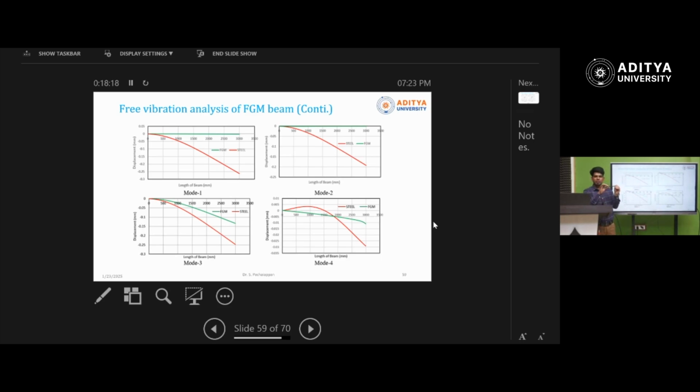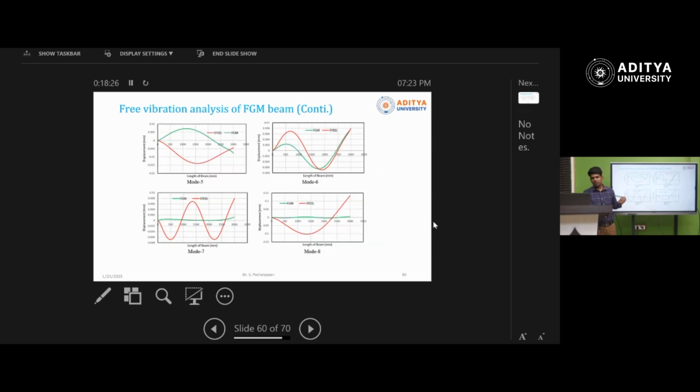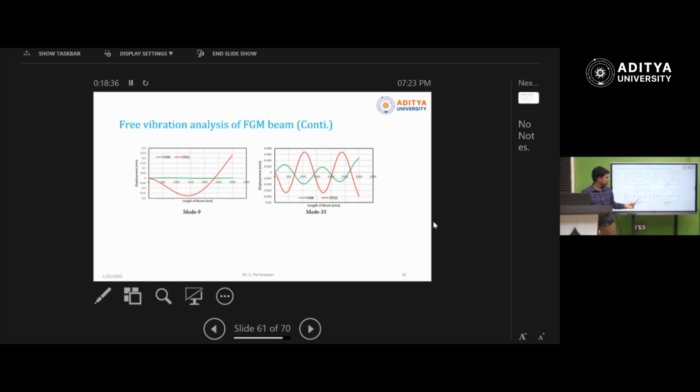The cantilever beam is not only deflecting in the XY axis, it is also twisted. The warping takes place. Similarly, we can see the fifth, sixth, seventh and eighth modes respectively. There will be a lot of antinodes. Finally, you can see the 10th mode. The vibration is very extreme.